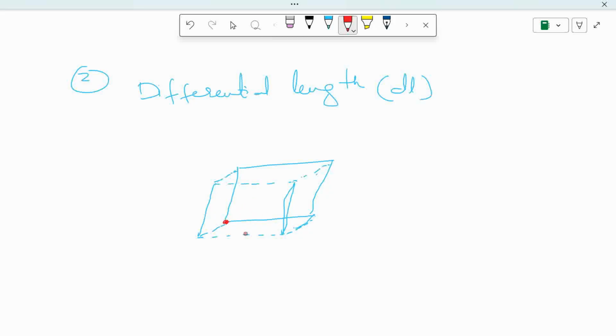So I am using Cartesian coordinates, and this point, let's say this is A. A is at x, y, z. So this is the x-axis and this is the y-axis, and the z-axis. Whenever we are putting the XYZ axes, we have to follow the convention of the right hand rule.